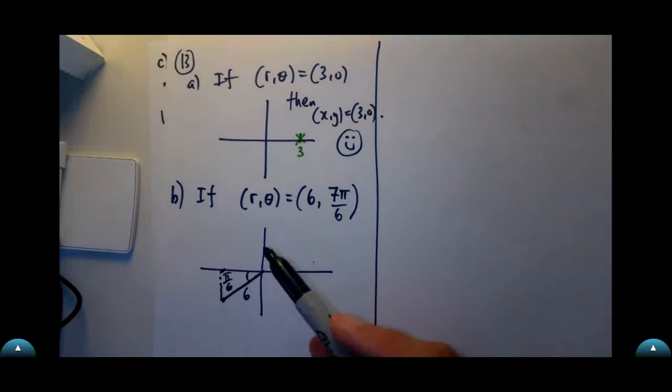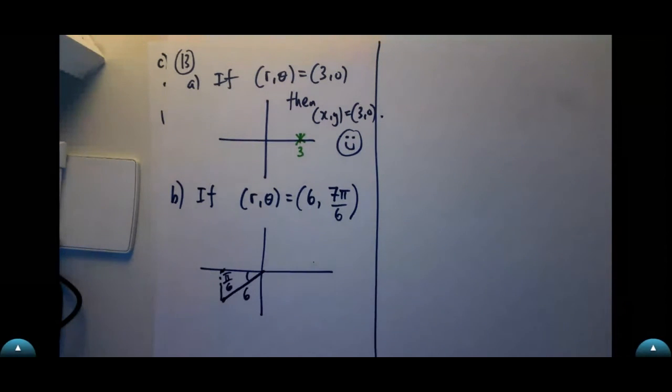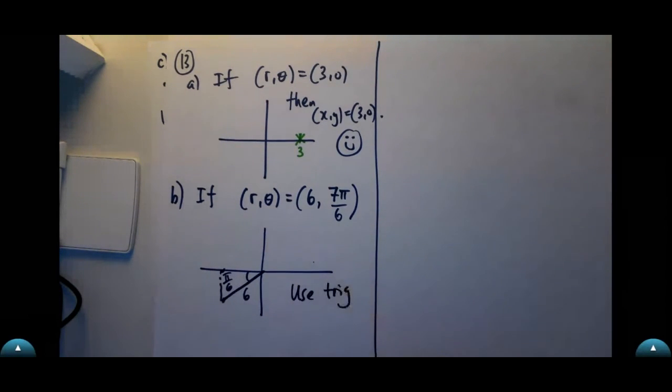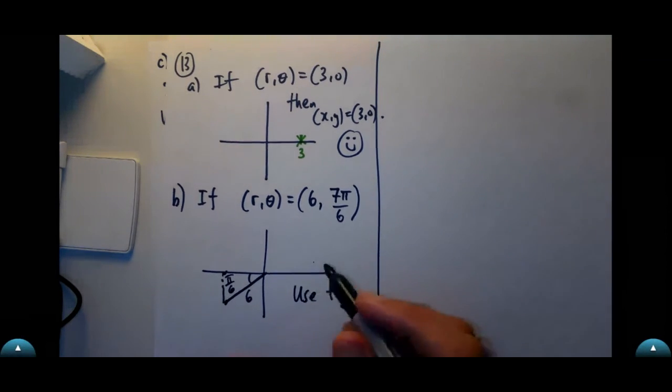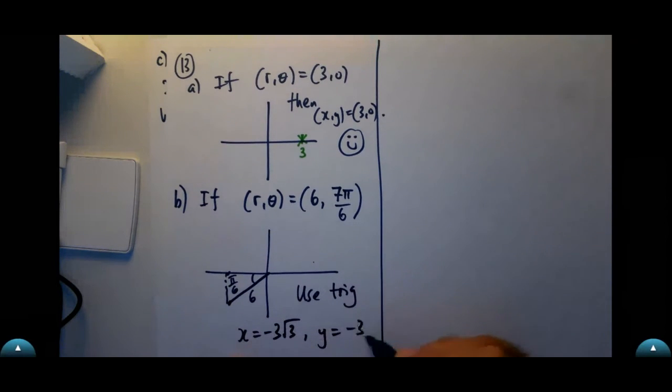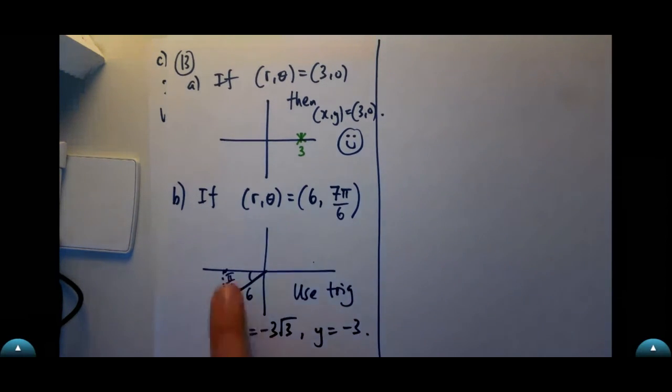This angle here is pi on 6, and you can just use trigonometry to work it out. You don't actually really even need to use trigonometry, but you'll get this. This is one of your basic triangles where you've got 30, 90, and 60 in it. So there are your coordinates for it.